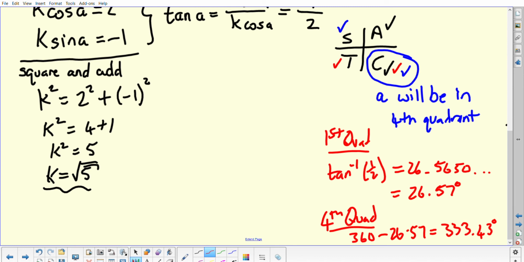Okay, so key thing, do the CAST diagram, decide which quadrant your angle is going to be in, and you go through each of the equations in turn.